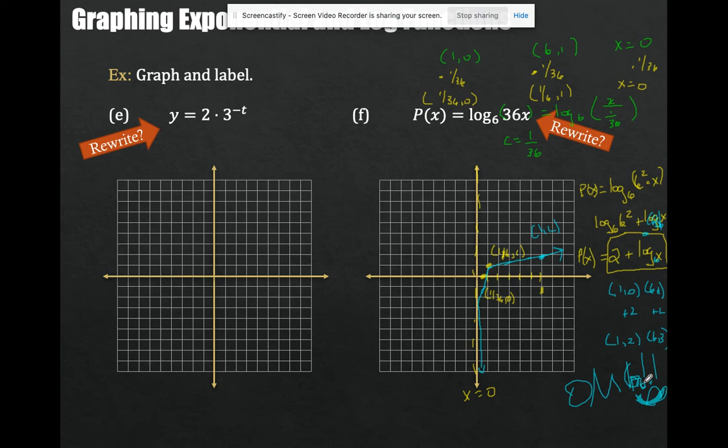But when I have a calculator taken out of my hands, which IB and AP must think is important going forward, or they wouldn't make 50% of their tests without a calculator, you need to be able to choose wisely and effectively and use all your prerequisite skills to problem solve, right? And look at a problem and say, you know what? I think I want to do a rewrite on that before I graph and label it.